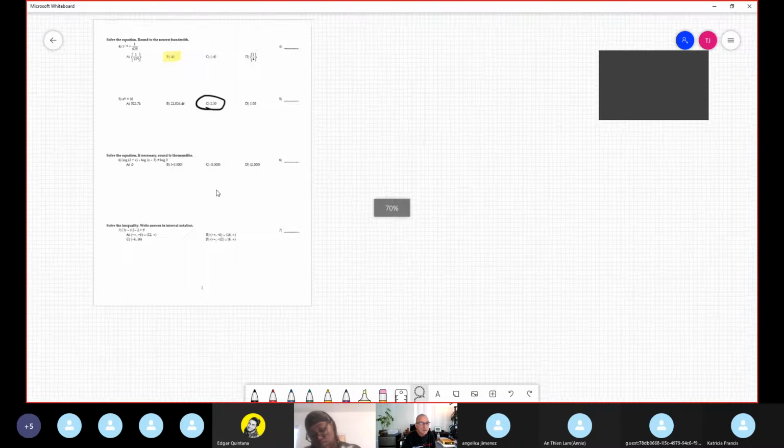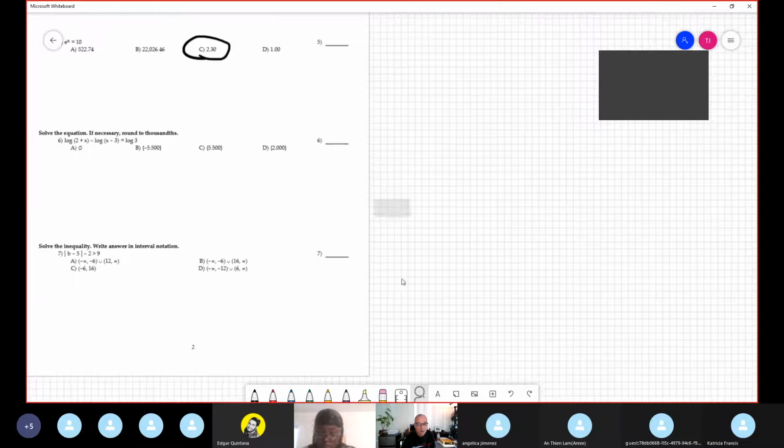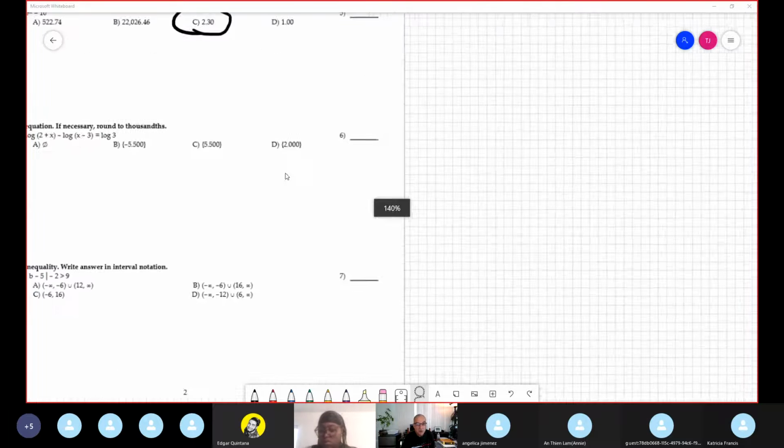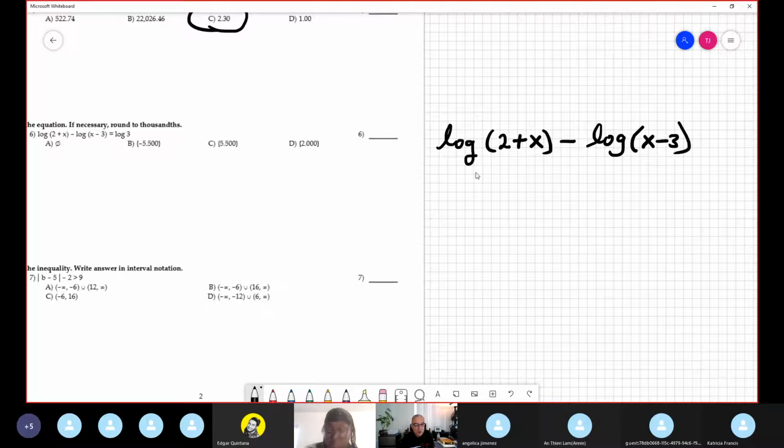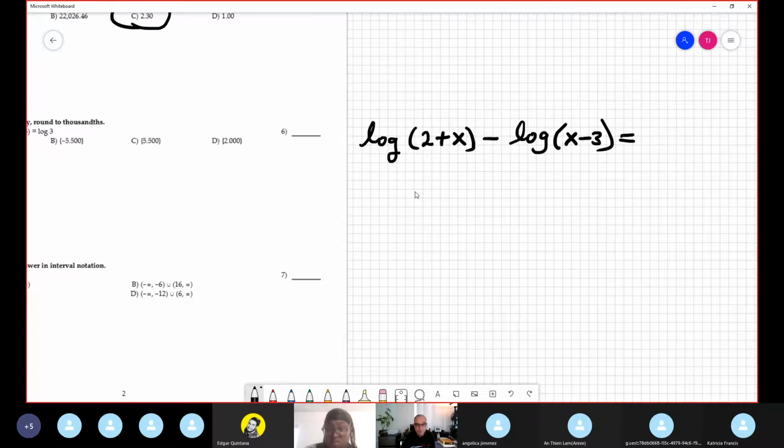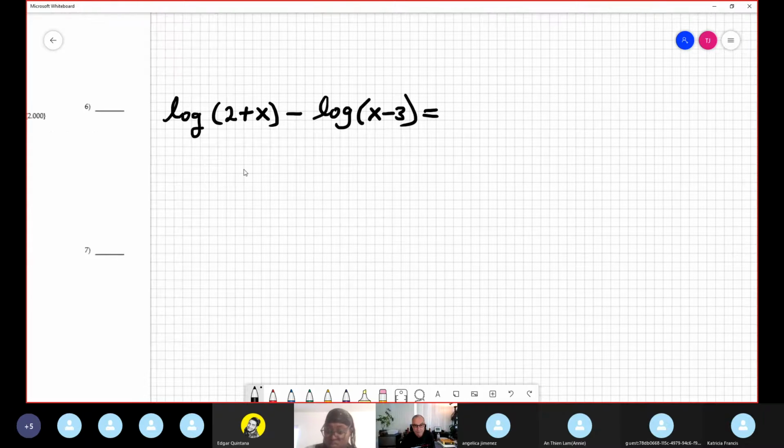Okay, number 6 is a logarithmic equation. Look, this is log, and when there's no specification of the base, I suppose that the base is 10, a common logarithm: log of 2 plus x, minus log of x minus 3, is equal to log 3.